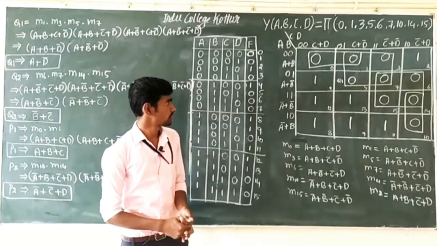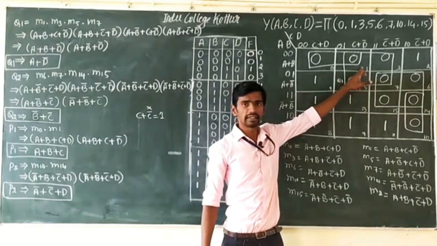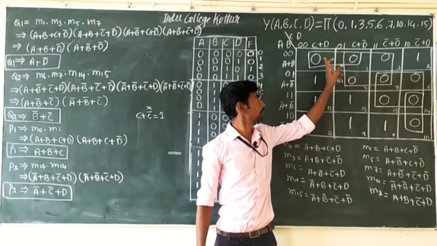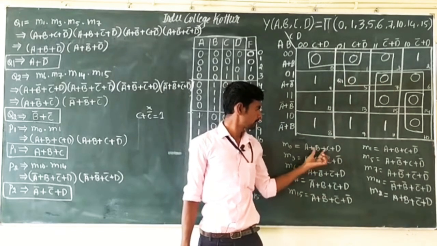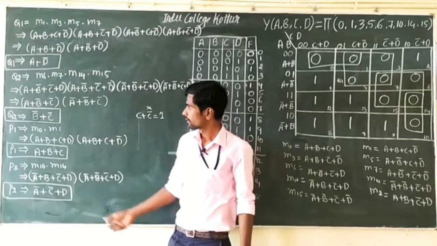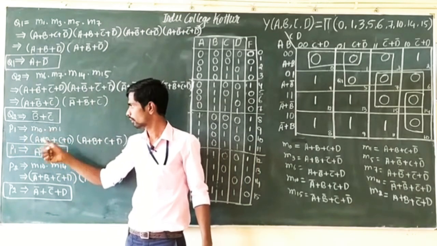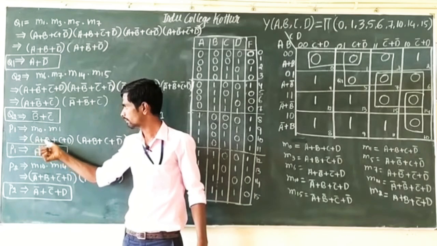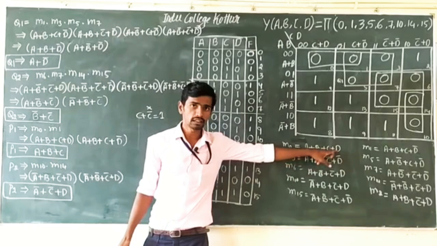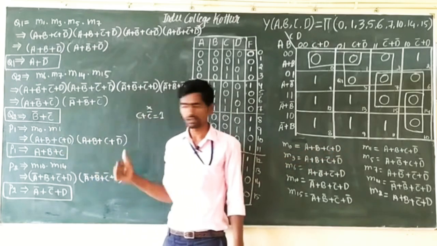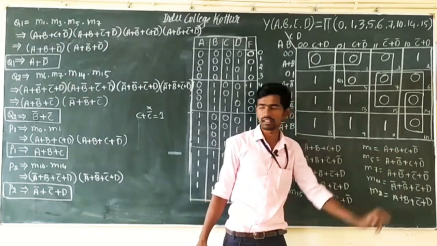Next we have to solve pair 1. Here is M0 plus M1, it is pair 1 values. Here M0 is A plus B plus C plus D. Just we can write pair 1 equal to M0 into M1, A plus B plus C plus D, A plus B plus C plus D. Next M1 values, here is M1 values A plus B plus C plus D complement.